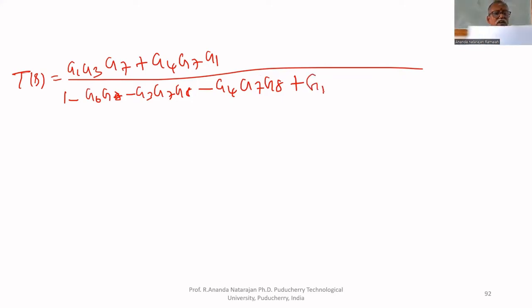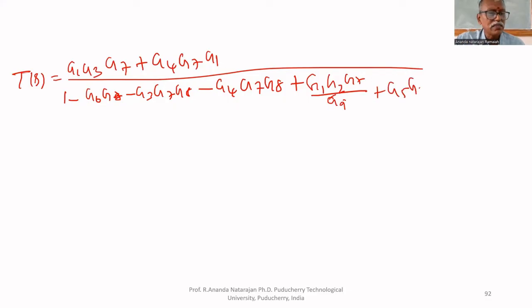I am going to substitute for G9. G9 equal to G7, G2, G7 upon, we'll write one step here.